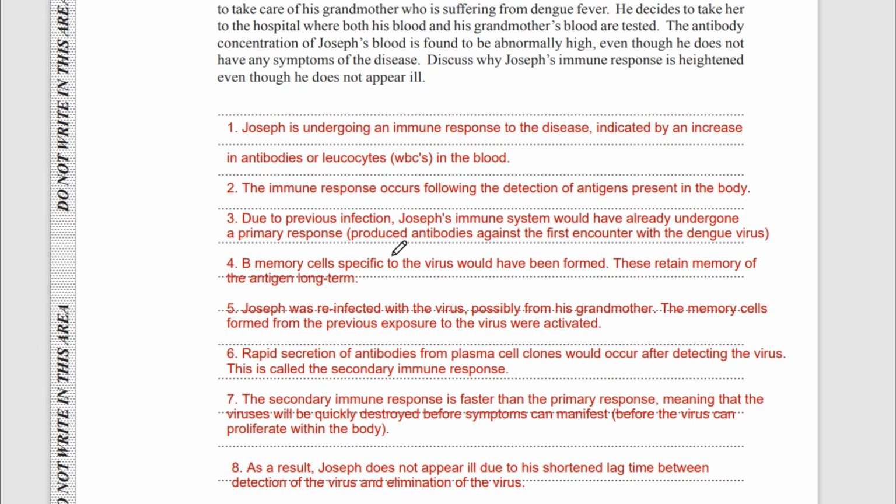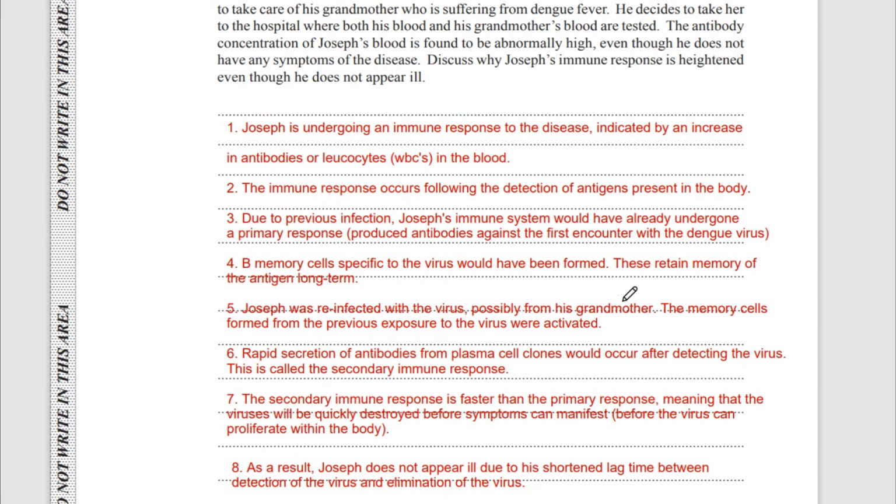What memory cells do is that they retain memory of the antigen. So it's basically saying, I know what that is. Hey, look, it's coming again. Let me take care of it before it does anything bad. We already went through this before. So what happened is that Joseph was reinfected with the virus, possibly from his grandmother. And the memory cells now remember what dengue is, right?